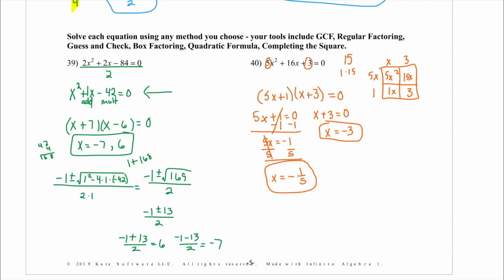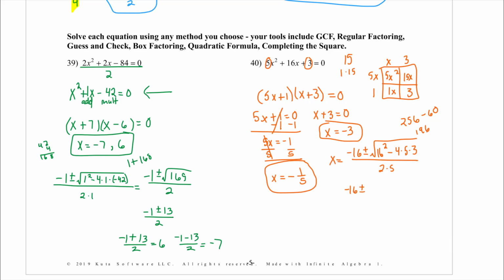And we can get the same answer by doing the quadratic formula, although 16 squared, that's kind of a big number. 16 squared, 6 times 6 is 36, 256. 4 times 5 is 20, times 3 is 60, so 256 minus 60 is 196, which is a perfect square.